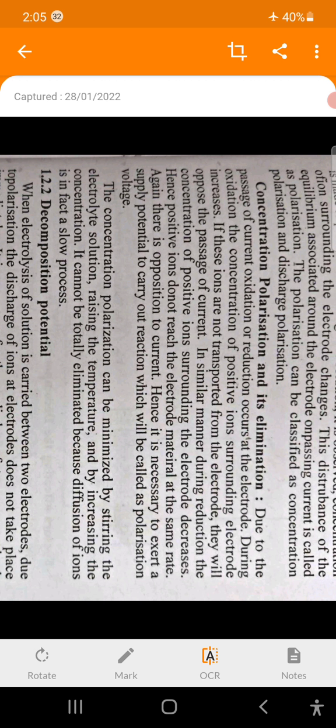And at the vicinity of cathode, negative ion concentration increases, which also decreases the reduction reaction speed, because the negative ions present at the vicinity of the cathode stop the flow of positive ions towards that electrode.